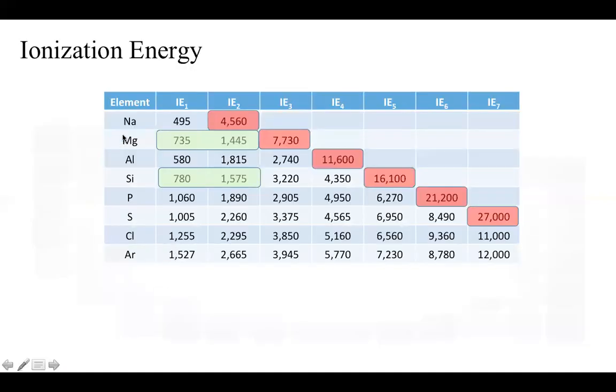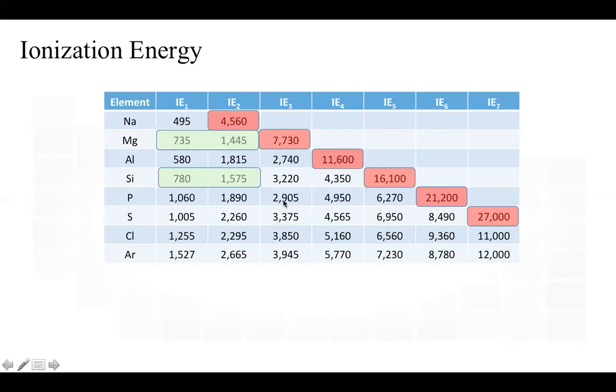For instance, for sodium, we see a huge jump from the first to the second ionization energy. It's almost 10 times as much energy to remove the second electron compared to the first one. For magnesium, there's a huge jump from the second to the third ionization. For aluminum, we see a huge jump from the third to the fourth.